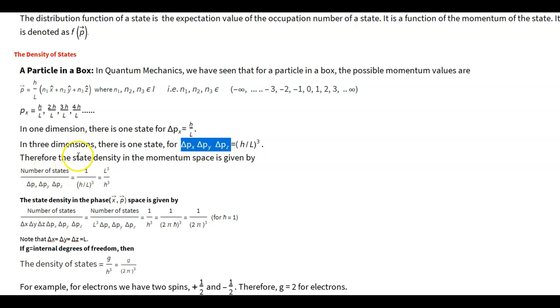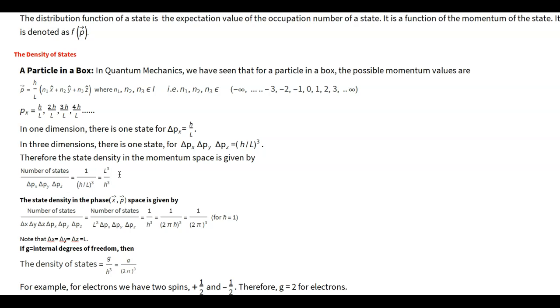So the state density in the momentum space is given by the number of states divided by the momentum volume, so there is one state per this volume. So the density of quantum states is given by one state divided by this volume, and we get L cubed over h cubed.